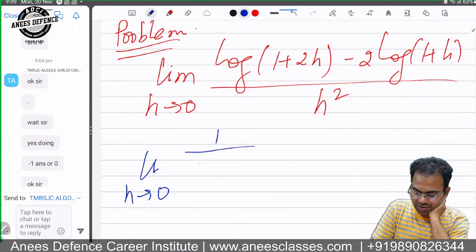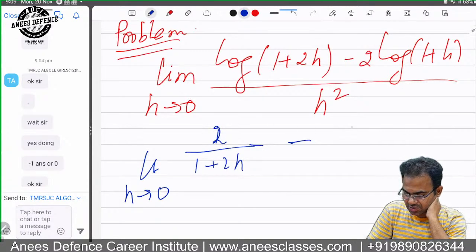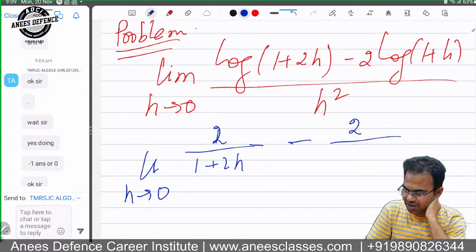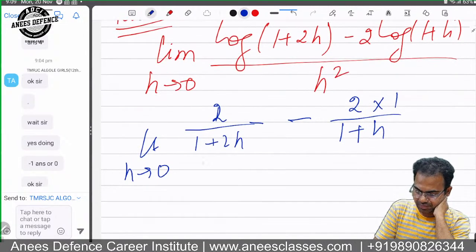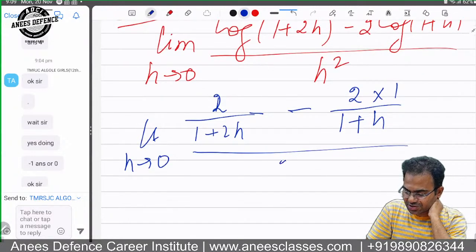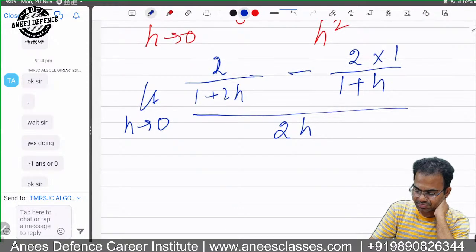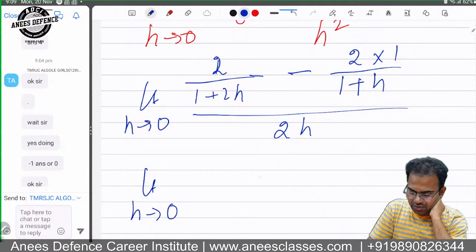That means 1 upon 1 plus 2h, and differentiation of 2h is 2, minus 2 upon, differentiation of log(1 plus h) is 1 upon 1 plus h, and differentiation of h is 1. And the differentiation of the denominator will be 2h. The 2 will be cancelled out.